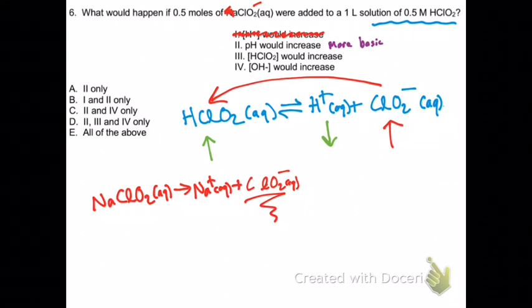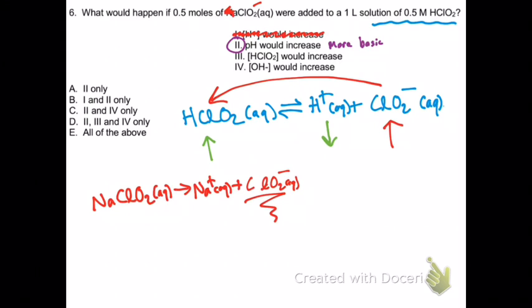The other way that we can think about this is ClO2 minus. What is that identified as? Well, it is a weak base, which means the pH would indeed increase. This would get more basic. Choice 3 says the HClO2 would increase, and we can see here that is indeed the case.